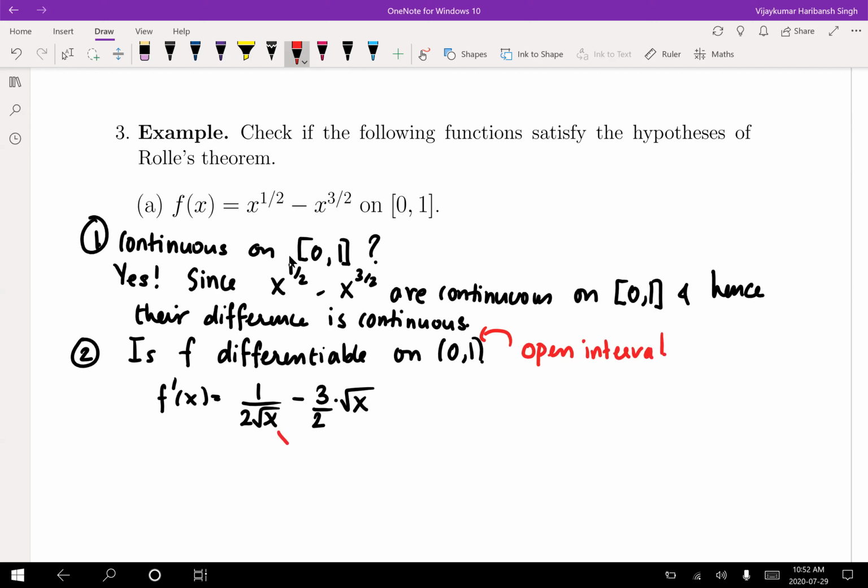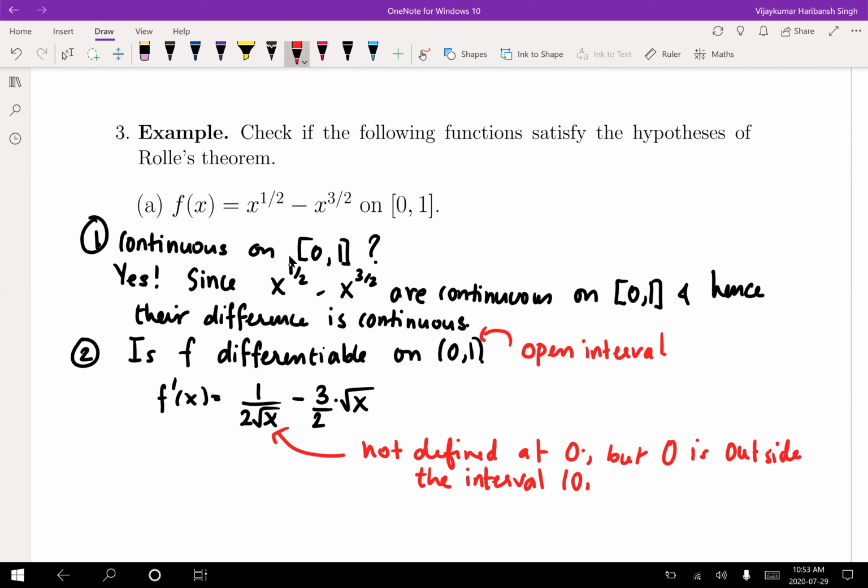This thing is not defined at 0, but 0 is outside our interval because we are looking at the open interval (0, 1).